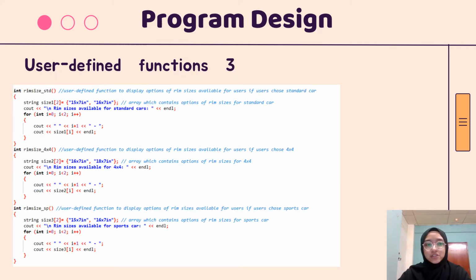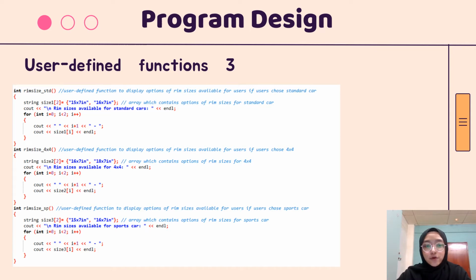Next, user-defined functions are functions to display options of rim sizes available based on the type of vehicles chosen by the user. The options of rim sizes available are also stored in 3 different arrays based on the type of vehicle. If a user chose standard car as their vehicle type, the first user-defined function, which is rim size underscore std, will be called.